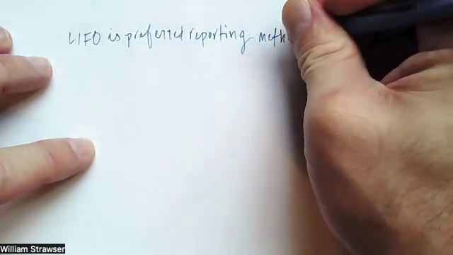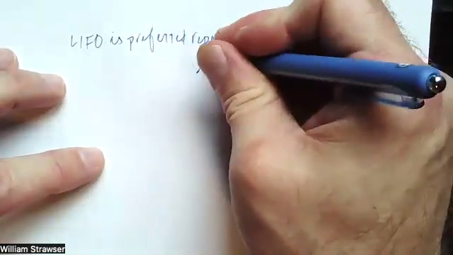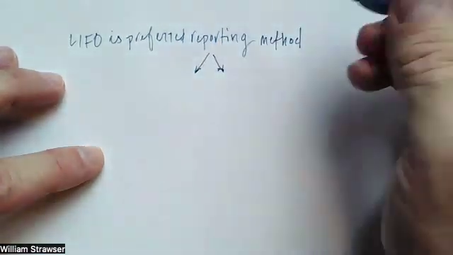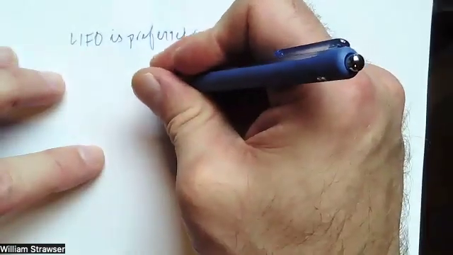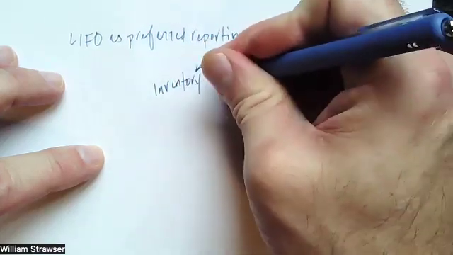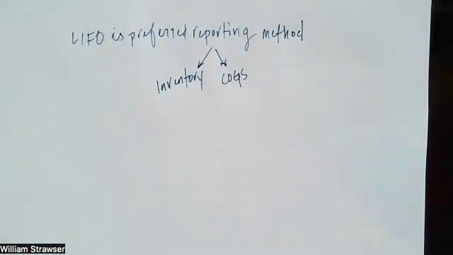So companies want to report using LIFO. And when I say report, what that's going to ultimately impact, all cost flow methods impact the inventory account and the cost of goods sold account. So when we're reporting using LIFO, we're reporting inventory on the balance sheet on LIFO terms.